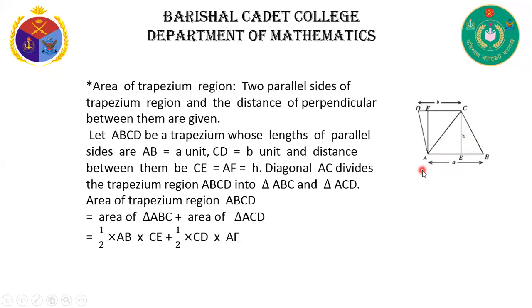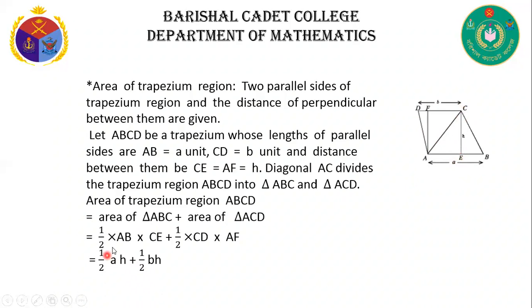That means we know area of the triangle is equal to half into length into height. In the same way, we can write area of triangle ACD is equal to half into CD into AF. Here AF is height, here CE is height.